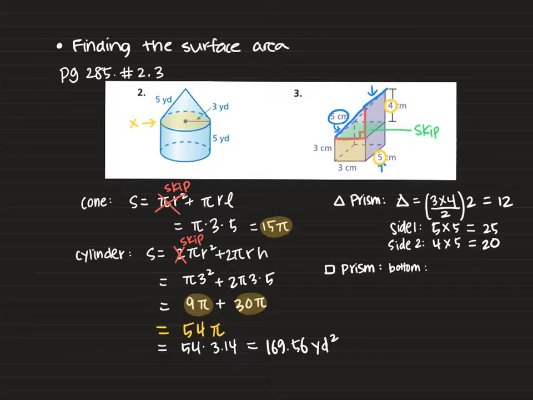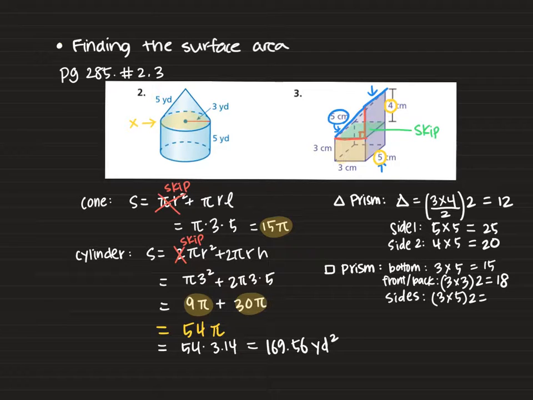So I have 3 times 5, which is 15. And then I have 3 times 3, and I have 2 of those, front and back. So that's going to be 9 and then 18 for 2 of them. And then I have 3 times 5 on each side. So I'm going to have 15 times 2, that's 30.